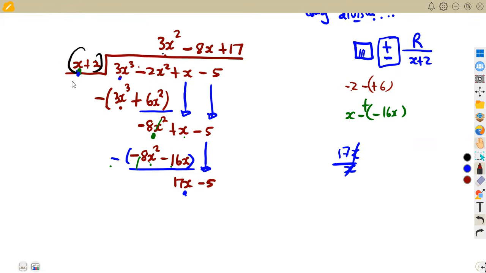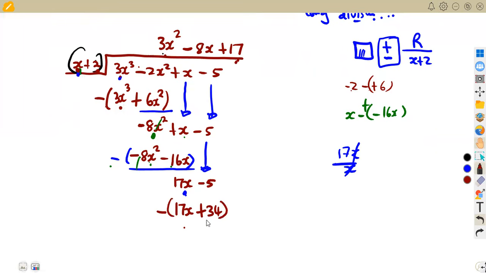So it's 17 times x, which is 17x. Then 17 times 2, which is going to be 34.